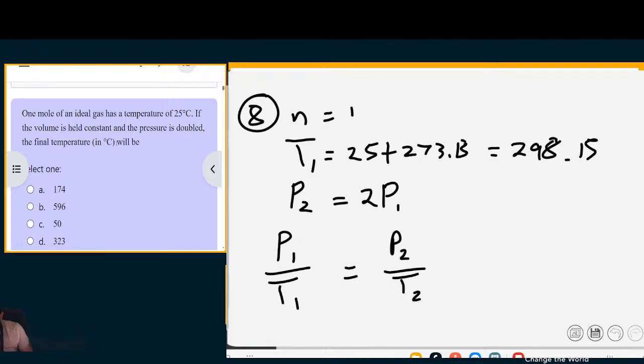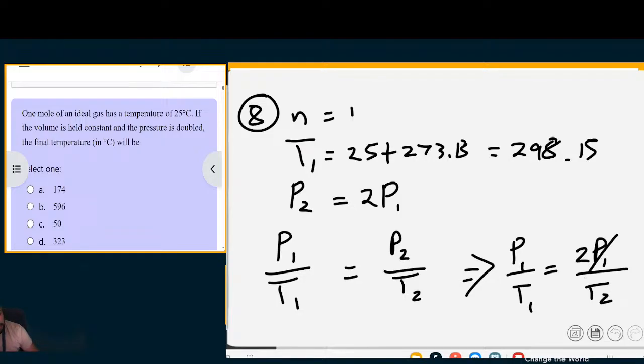Now, we know that P2 is just double P1, so we can actually say that P1 over T1 is equal to 2 P1 over T2. P1 cancels, therefore we're left with 2 over T2, and that's T1.